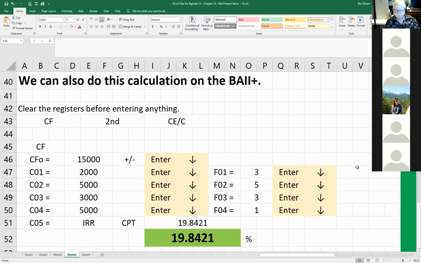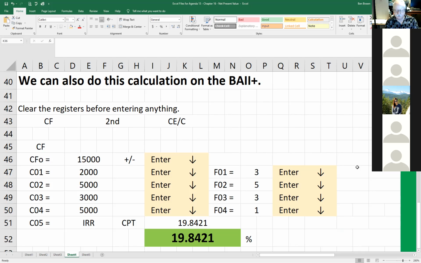Enter down. Then CF1 is 2,000. This is a positive amount, so enter down. And the frequency, how often did we do this? For years 1, 2, 3. So the frequency is 3.